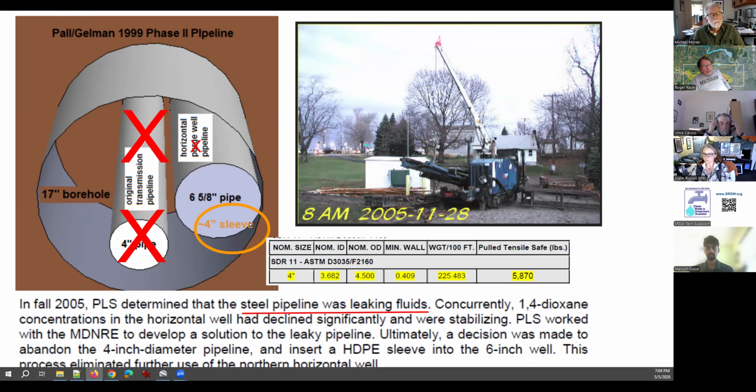They put a 4-inch sleeve in so they could continue sending the untreated purge water back to the core. This is what it looked like when they were putting the sleeve in at the midpoint of that transmission pipeline. That all happened in 2005, and this came from some of the documents they have.